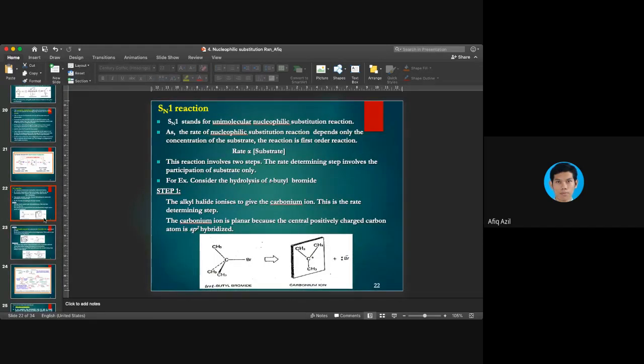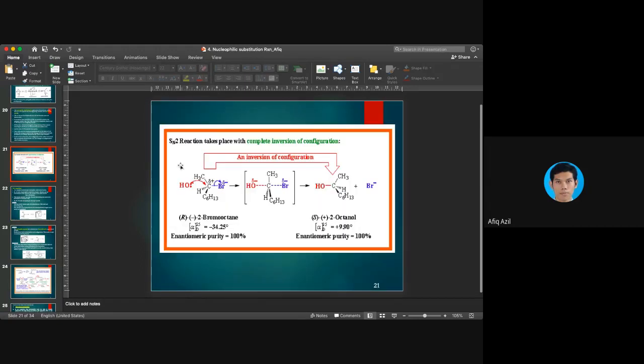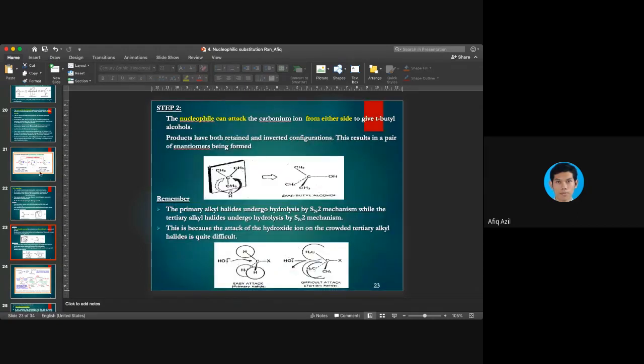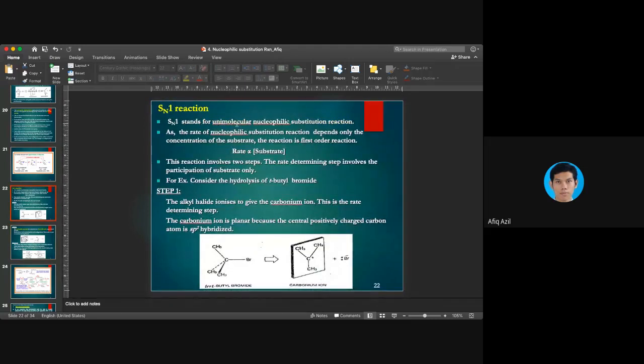Then, for SN1, okay, the difference between SN2 and SN1 is the mechanism. Okay, SN1 stands for unimolecular. Unimolecular meaning that the rate of reaction is only affected by the concentration of the substrate. Okay, no matter how much you add of your reagent, the nucleophile, you tambah berapa banyak pun, the rate of reaction will still be the same unless you change the concentration of your alkyl halide, which is the substrate.